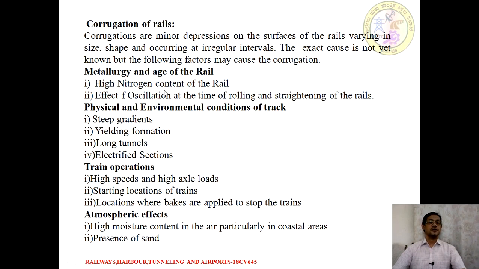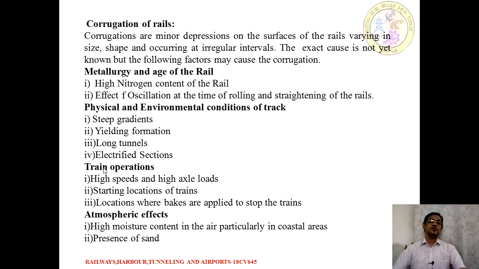That is with respect to metallurgy. Other causes relate to physical and environmental conditions, like steep gradient, yielding of formation, long tunnels, and electrified sections. These might be causative factors for corrugation of a rail.